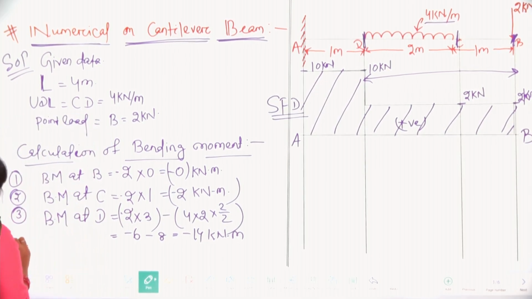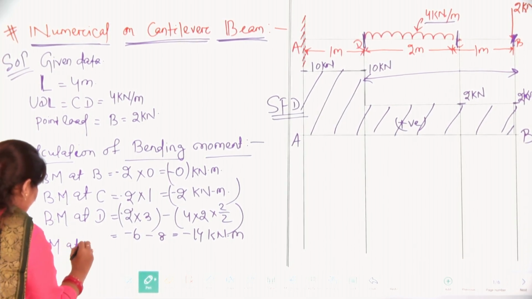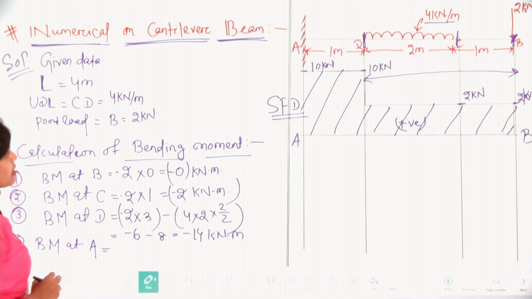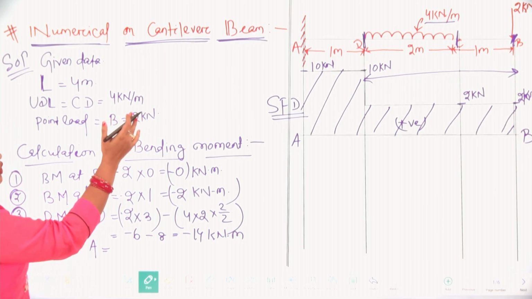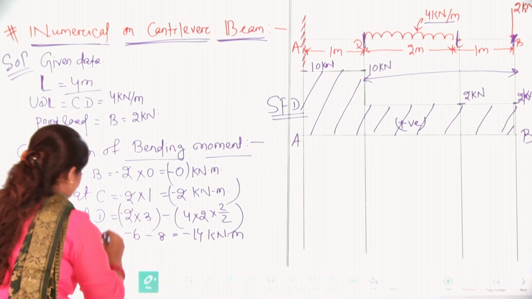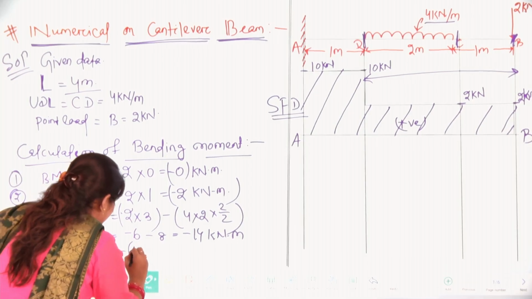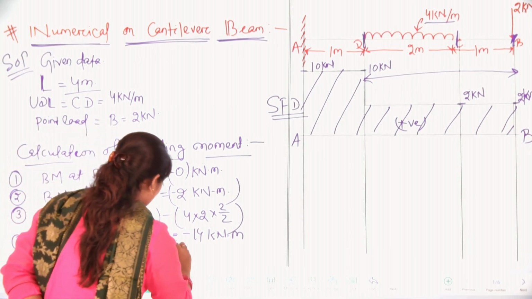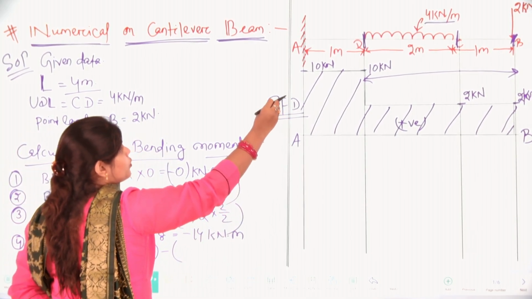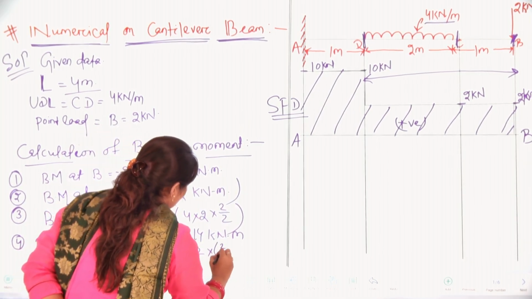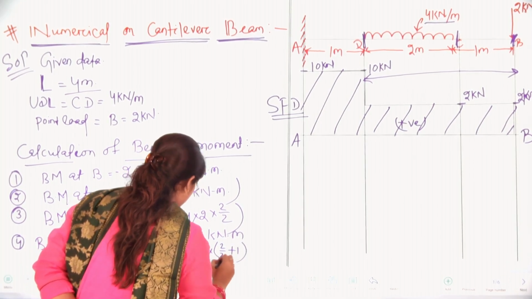Now, bending moment at point A. Similarly, the 2 kilonewton point load will be multiplied with the whole distance, that is 4 meter. So, minus 2 into 4, again minus this 4 multiplied with 2 into 2 by 2 plus 1.